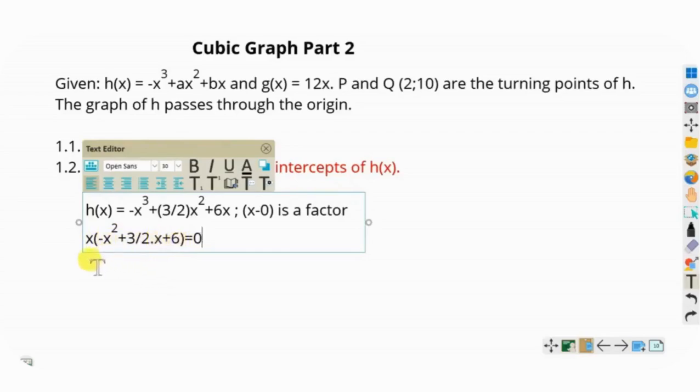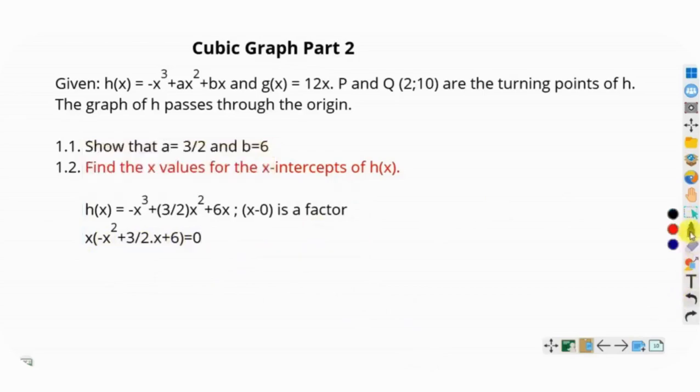So for that, I use the quadratic equation. I believe we know how to use the quadratic equation.